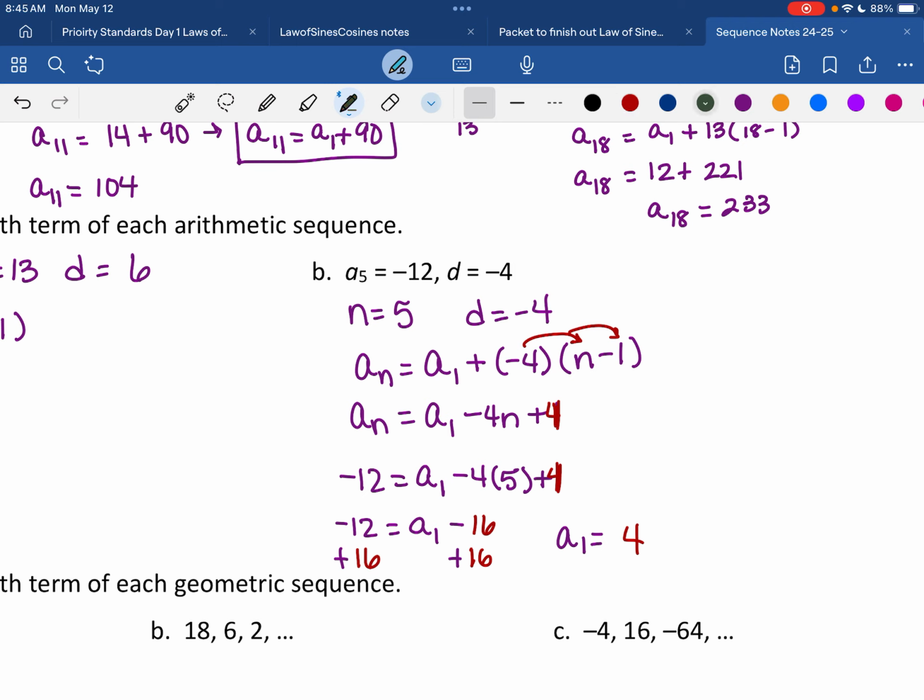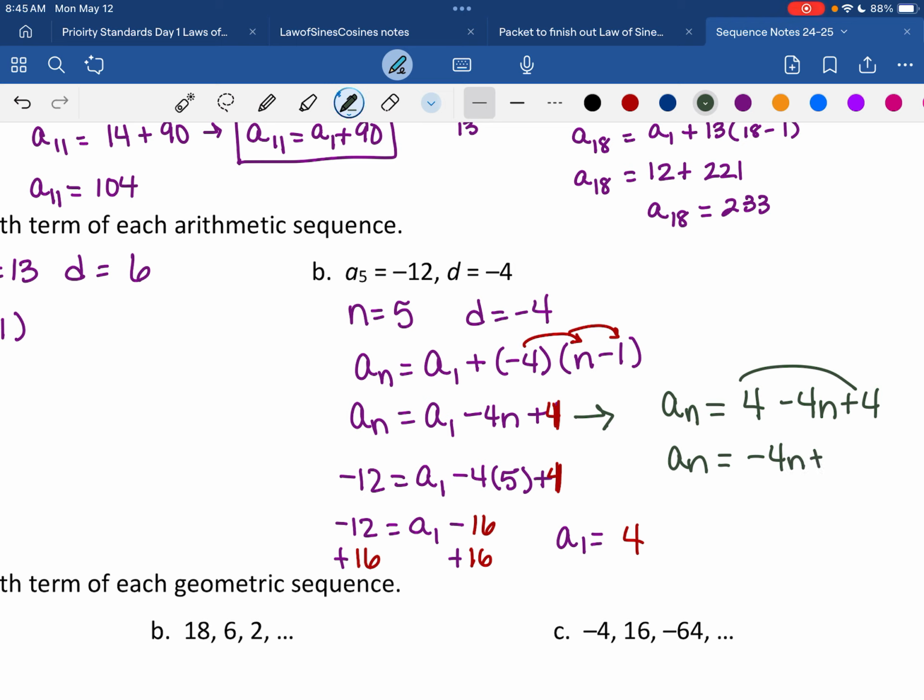We're going to make my equation because I am taking too much time. I'm going to take this equation right here and write down A sub n equals 4 for A sub 1 minus 4n plus 4, which, whoops, combine like terms, those are 8, so A sub n equals negative 4 plus 4n.